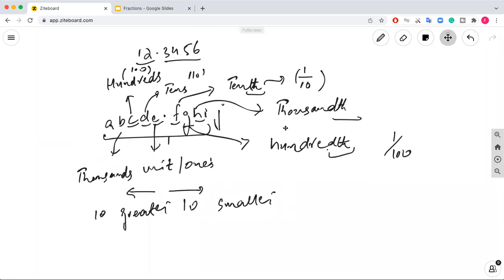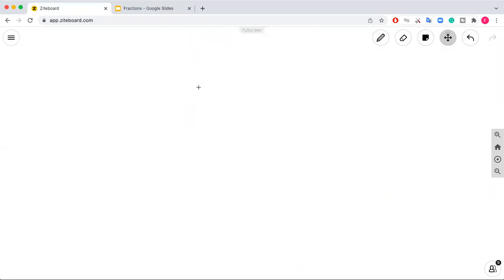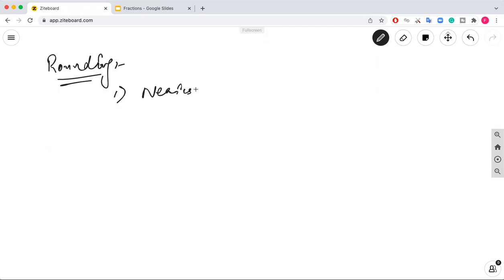Yes. Okay, so first let's see the rounding problems. This is a very common type of question, and let's start with a very basic case. For example, you're asked to round to the nearest integer.